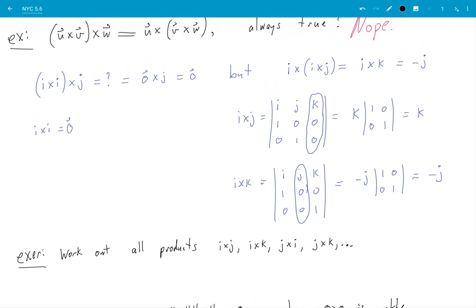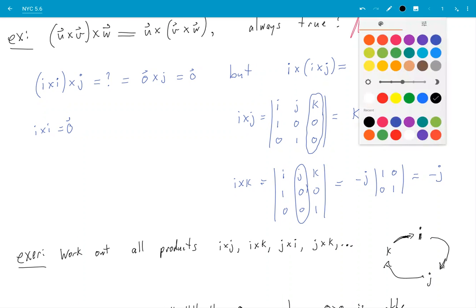And what you should arrive at, what you can summarize your answer as, is a diagram that goes like this. It's a circle with arrows.